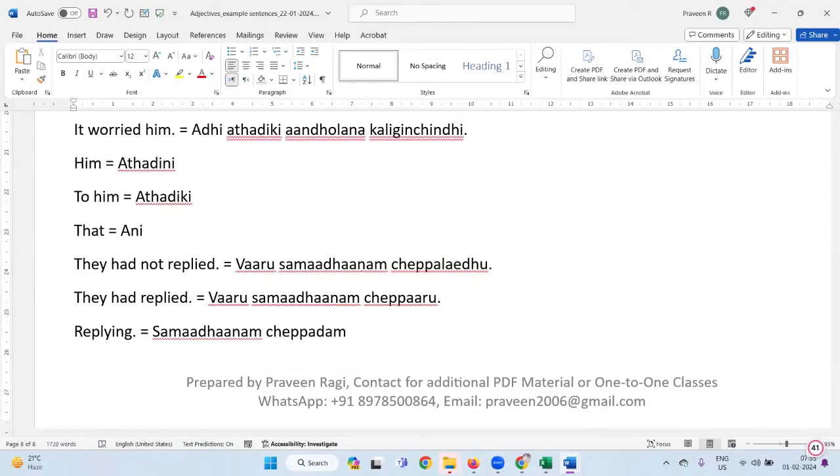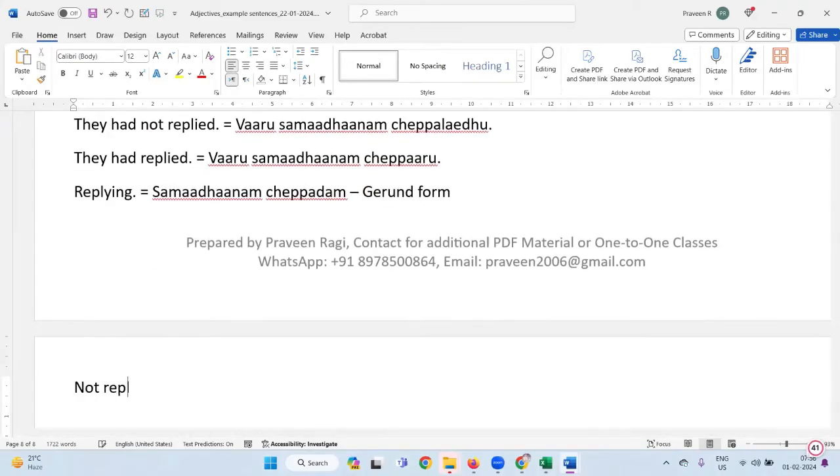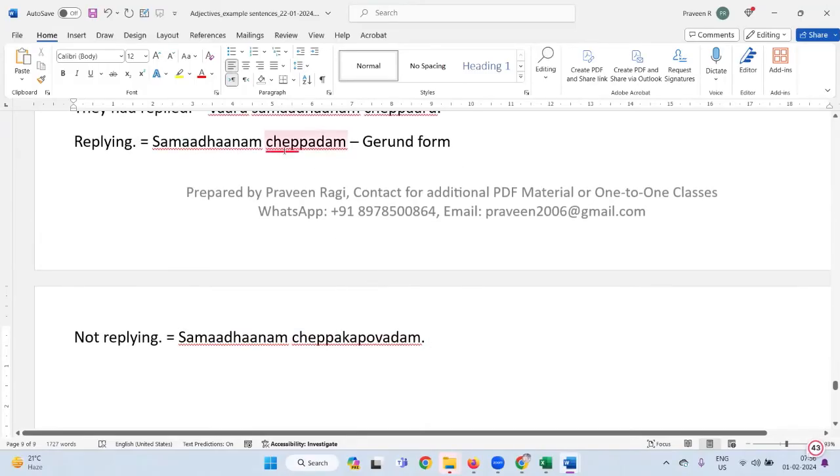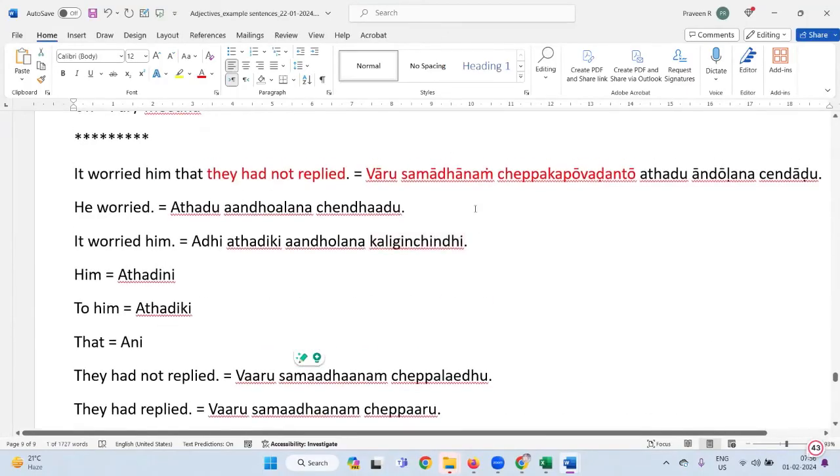Samadhanam cheppadam is replying gerund form. So here we use the gerund form. Similarly, opposite of this replying is not replying. Samadhanam చెప్పకపోవడం. సమాధానం చెప్పకపోవడం. Very simple difference, Andy. చెప్పడం, చెప్పకపోవడం. Okay. So this one చెప్పకపోవడం we connected here.